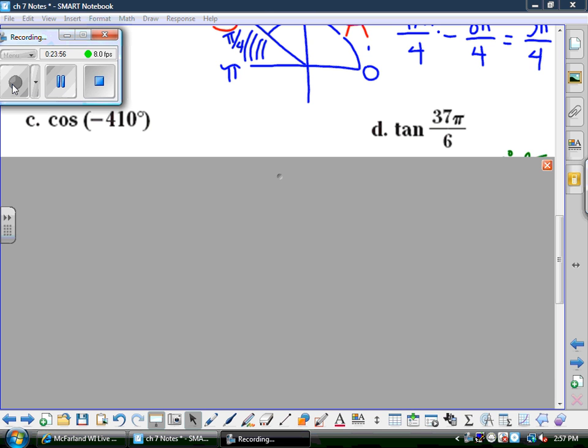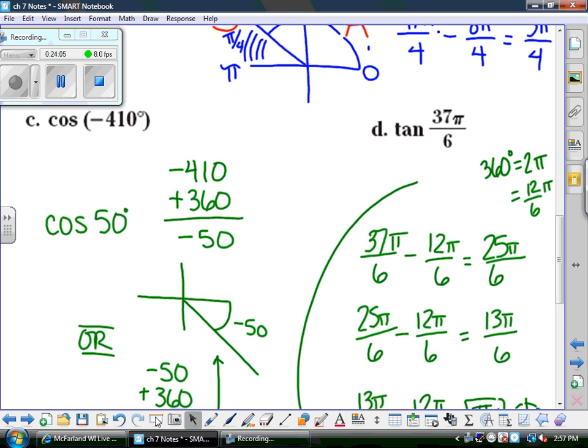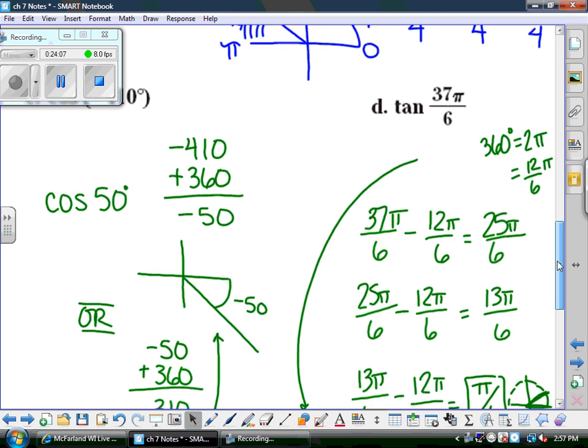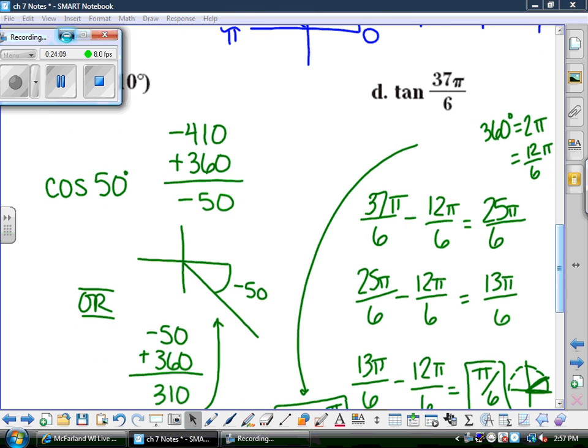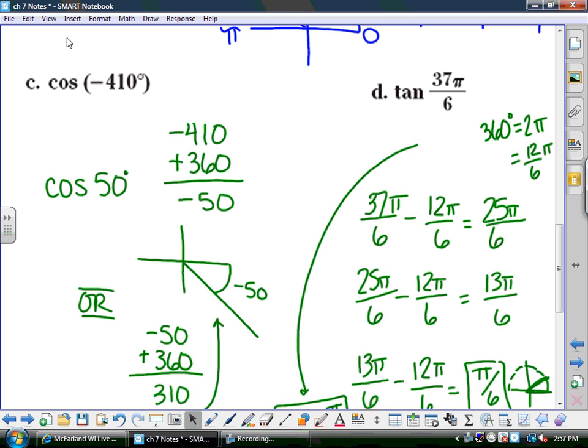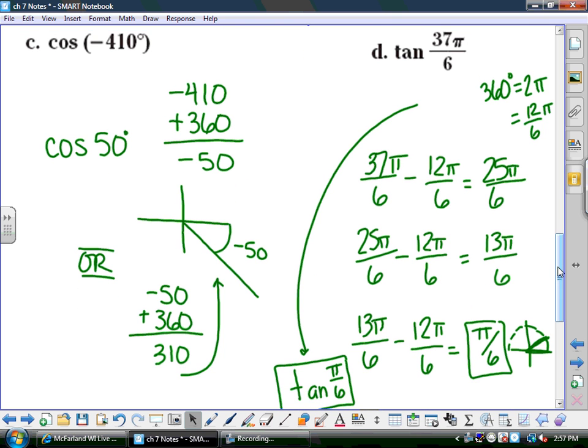Hopefully at this point everybody's had a chance to try C and D on your own. Again, pause the video if you haven't, because here are the answers. For C, since I'm at negative 410, I want to add 360 to get a coterminal angle, and I get negative 50, which isn't in the first quadrant, but it does give me the reference angle. The reference angle is going to be 50 degrees.